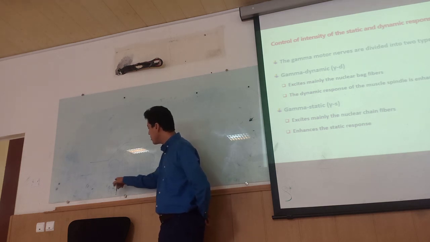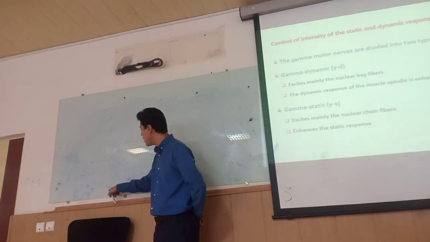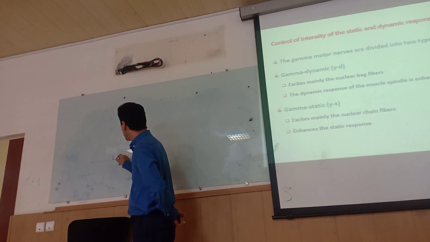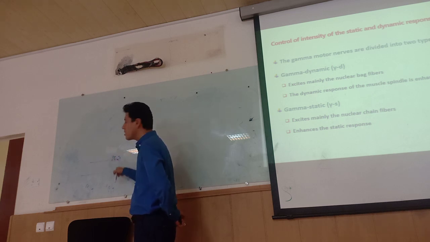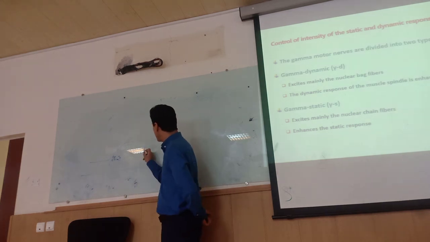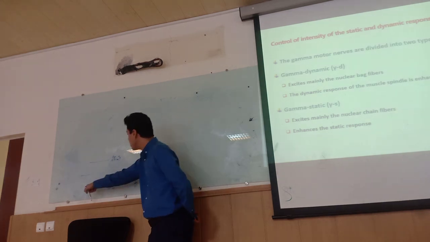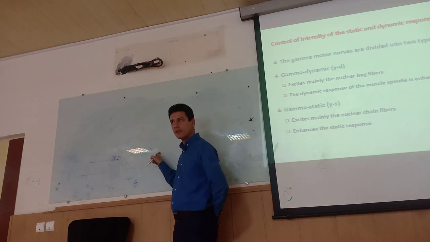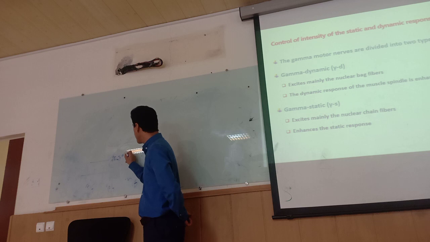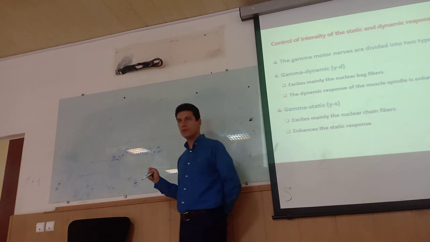Okay? So, how can we calculate the dynamic response? 10 minus 3 is the dynamic response, 7. 5 minus 3 is static response, right? So static response is 2 action potentials per second, dynamic response is 7 action potentials per second.